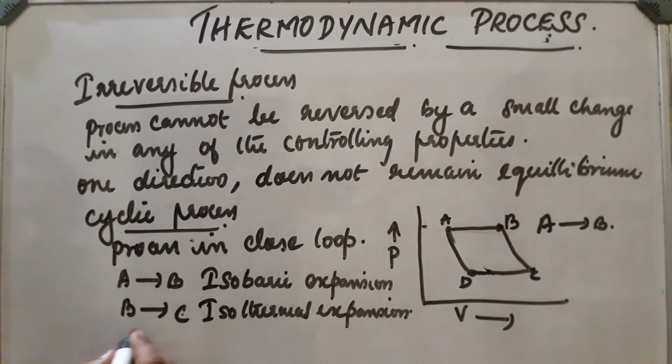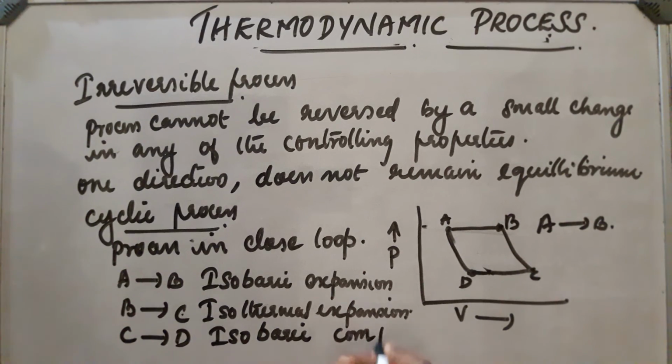Next, C to D is isobaric compression. The pressure remains constant but the volume decreases. What about D to A?